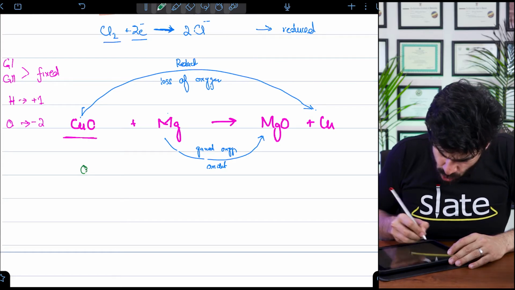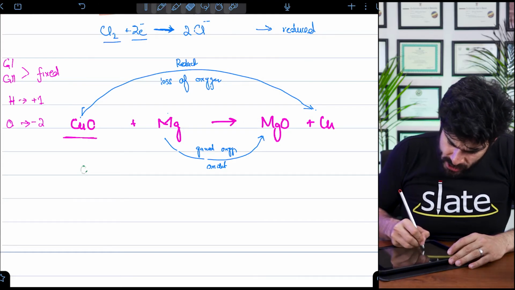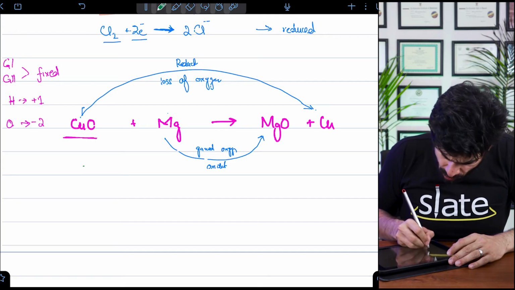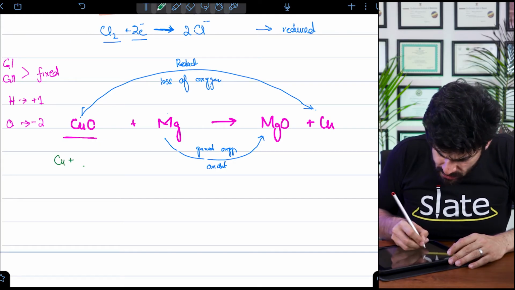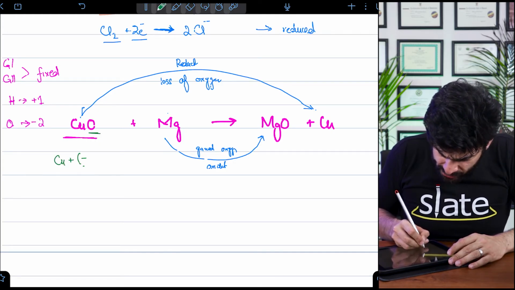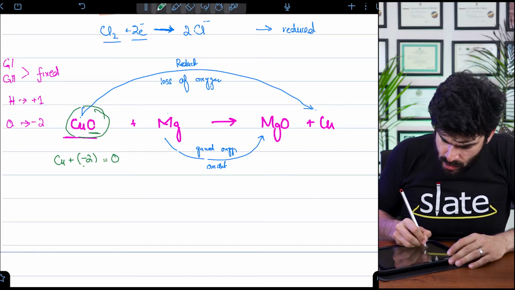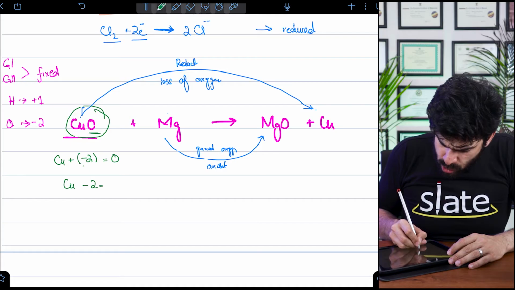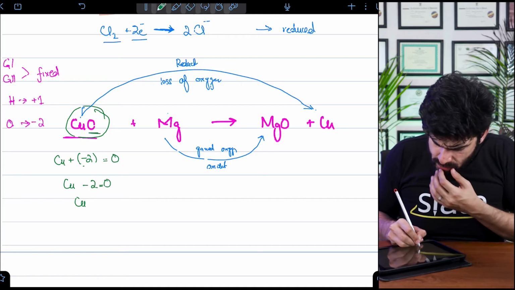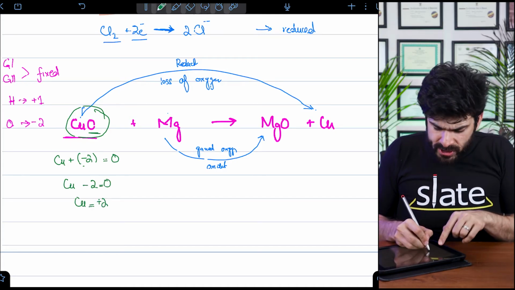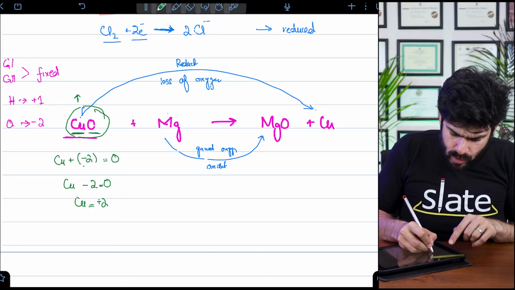So O is -2. So how will I find the oxidation state of copper? It's a simple formula. Copper plus the oxidation state of oxygen, -2. The total oxidation state is 0. So Cu - 2 equals 0 and Cu is +2. So the oxidation state of copper here is +2.